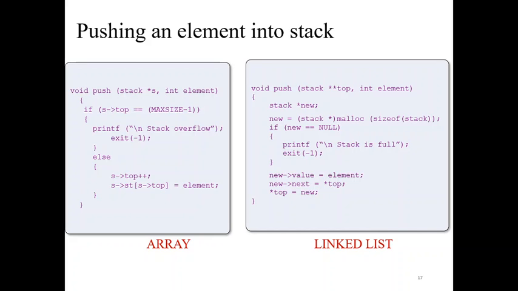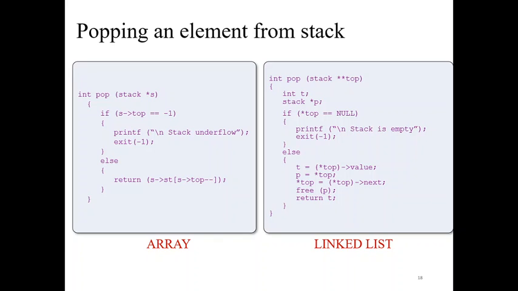As you can see in linked list, you can clearly see the new variable is equal to stack, and we have put a condition. If the new stack is null, we have to print a statement that the stack is full, and then execute an exit statement.